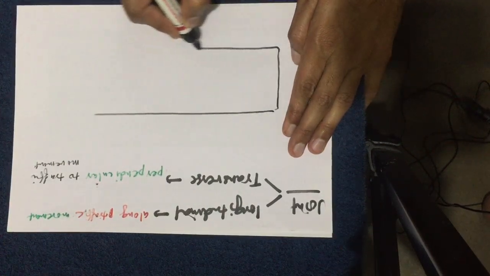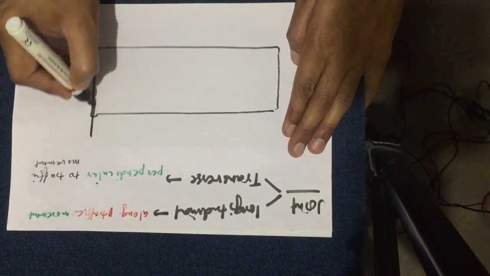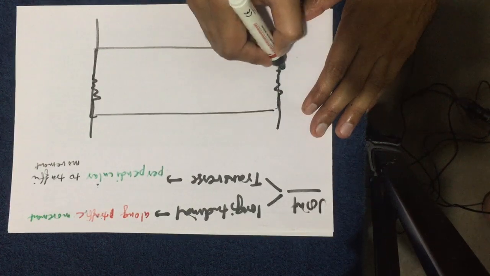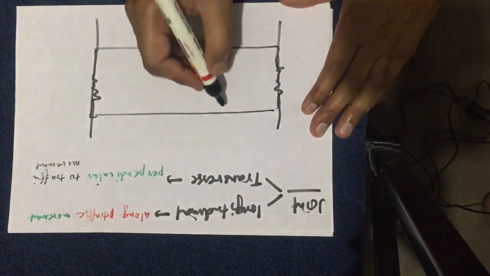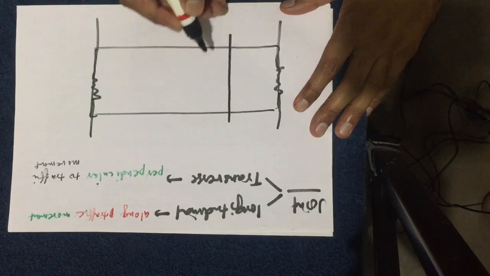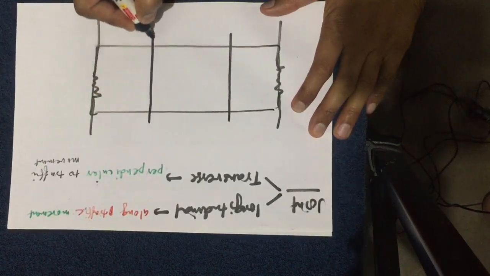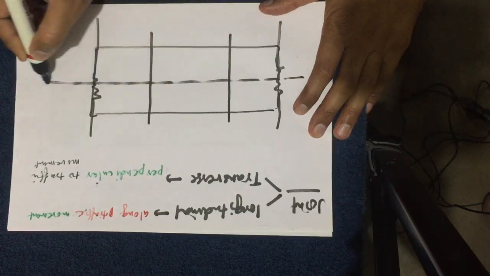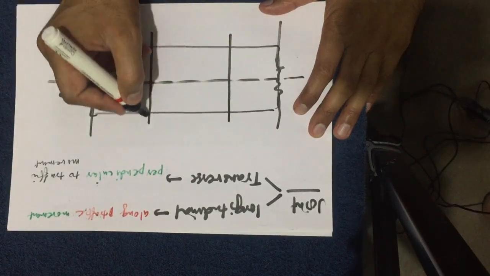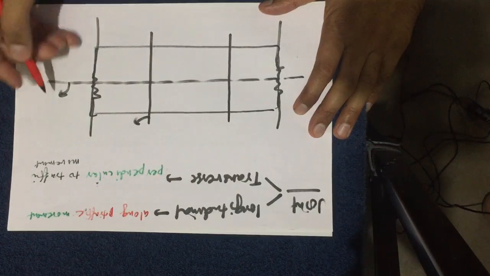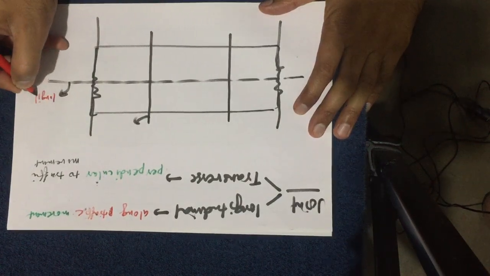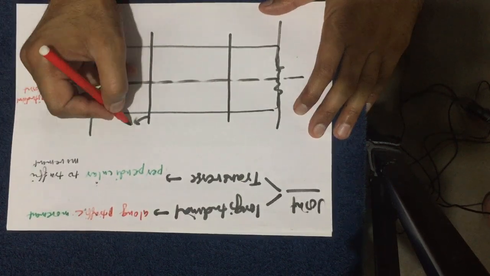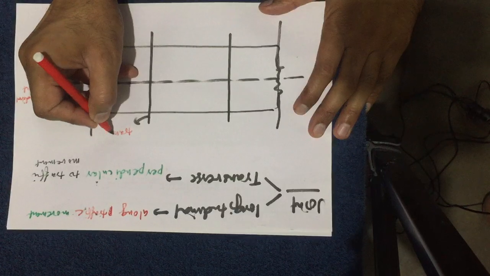I have made a road cross section. This is continuing in this direction and is continuing in this direction. So at regular intervals I have introduced that sort of joints, and within the pavement I have introduced this sort of joint. This is referred to as a longitudinal joint, and this is referred to as a transverse joint.